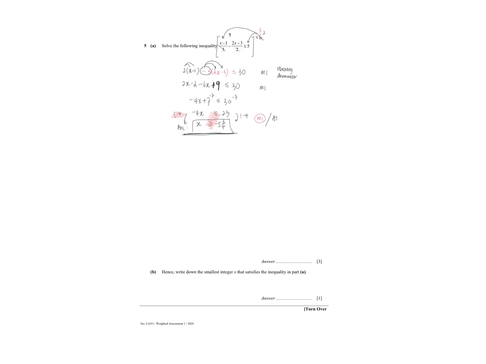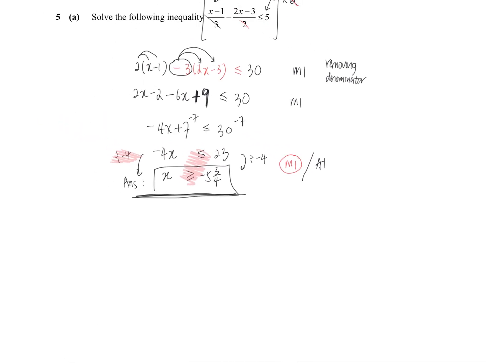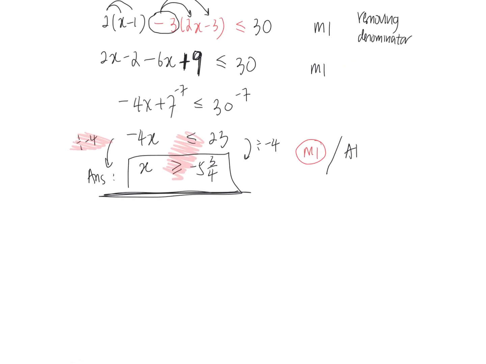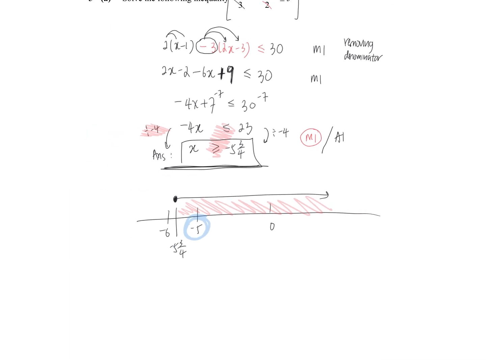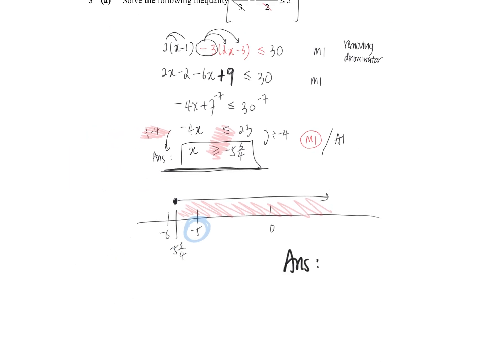Okay, the second part here says write the smallest integer that satisfies this. So minus 5 and 3/4. The smallest integer in this whole range of answers is this one. The smallest integer means whole number. So your answer for the other part is -5.